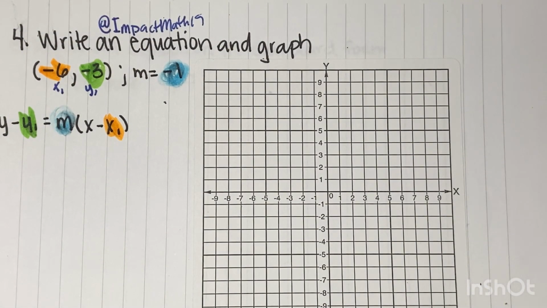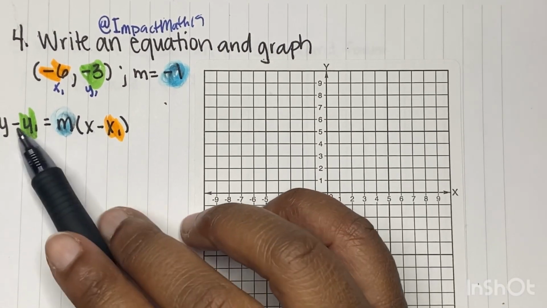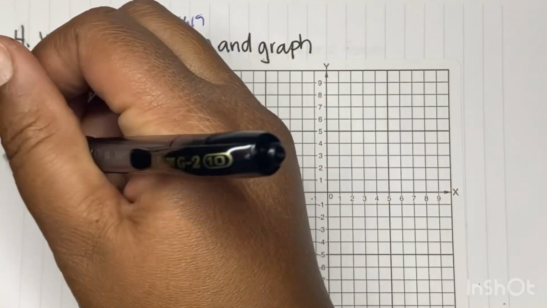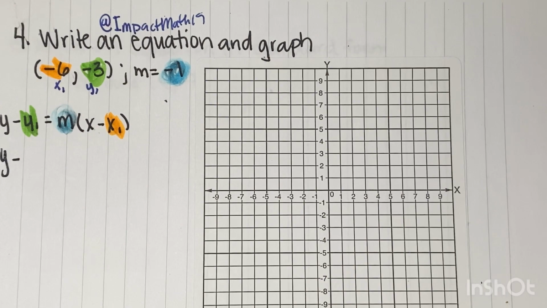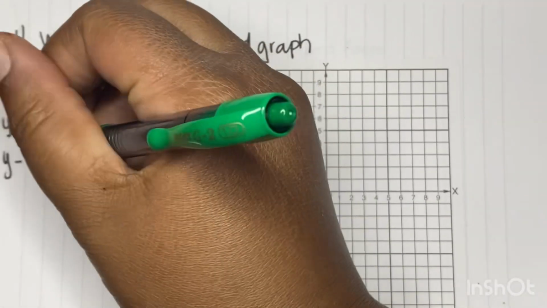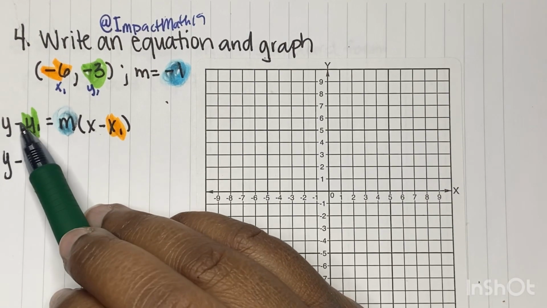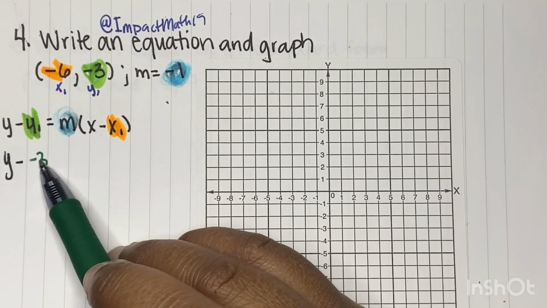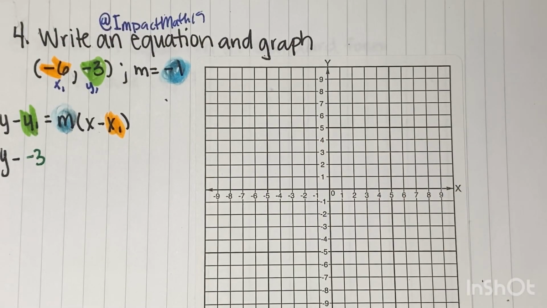So you see how this y and this x always are going to stay, okay? Because they don't have a number by them. So they're like constant. So we're going to do y minus our y1, which is a -3. Now pay attention here. This minus is from, this one is from the formula. This -3 is from the point that we plugged in, okay?